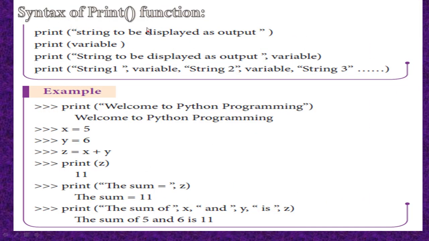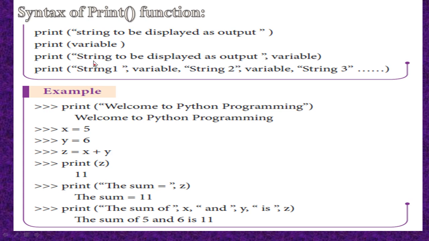Here is the syntax of the print function: print, and within double quotes you type the string that is to be displayed as the output. Second, print variable. Here the value of the variable will be displayed. Third, print string to be displayed as the output.